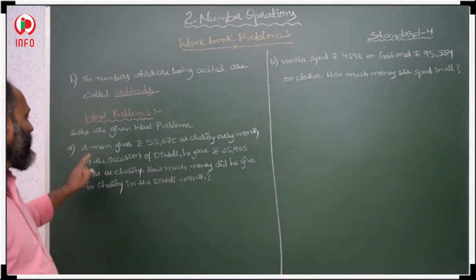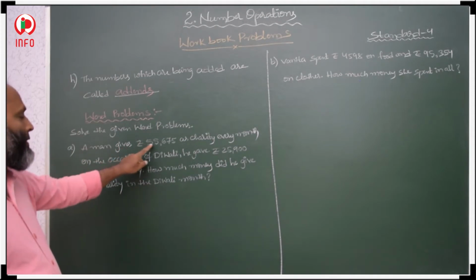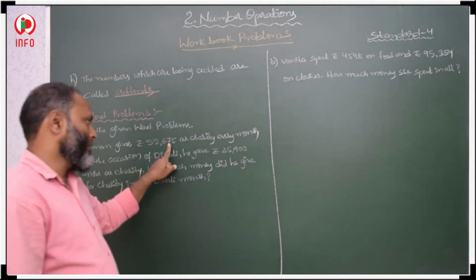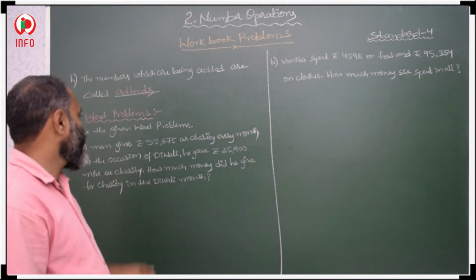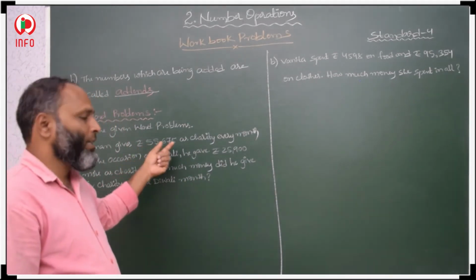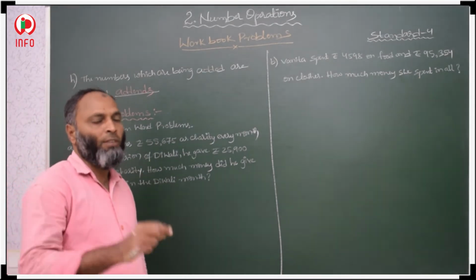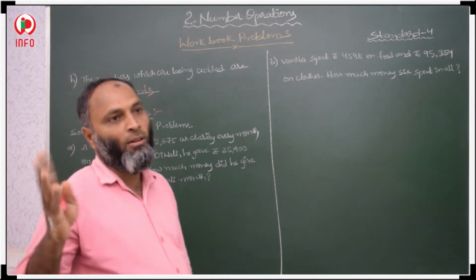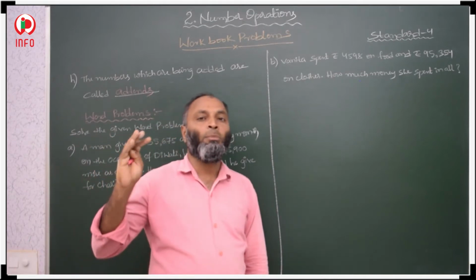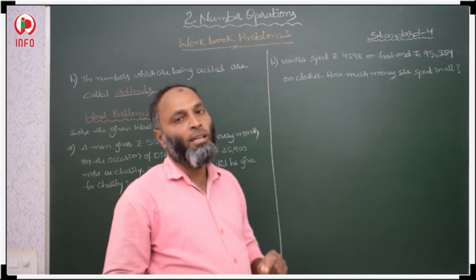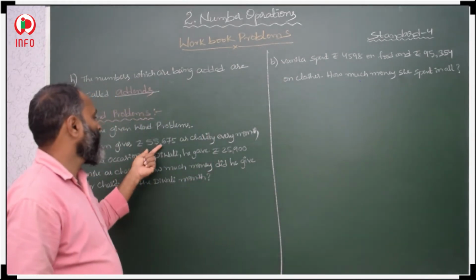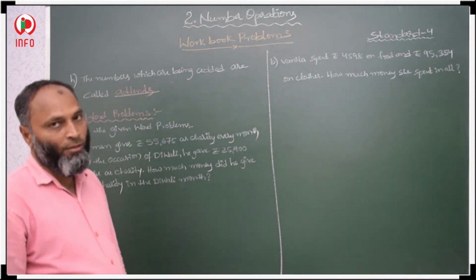First, read the question. A man gives rupees 55,675 as a charity every month. January, February, March, April, May, June, July, August, September, October, November, December. All these months, every month, he is going to give 55,675 rupees.